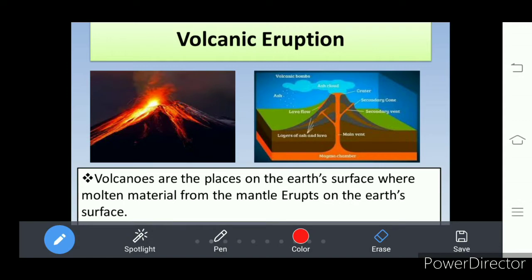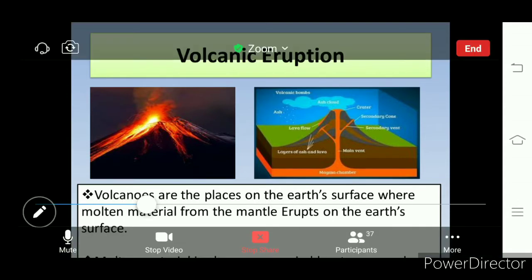So this molten material erupts out from a place on the earth's surface, and it leads to the formation of volcanoes, and that is what we call volcanic eruption.